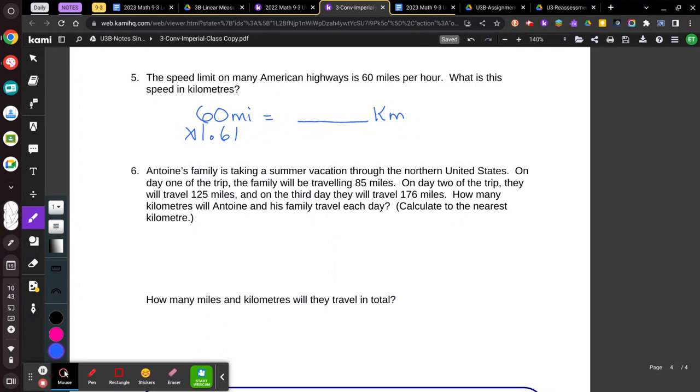I'm going to get 96.6. So not quite 100. We approximated at almost 100, so that's called approximately. We get really close to 100.